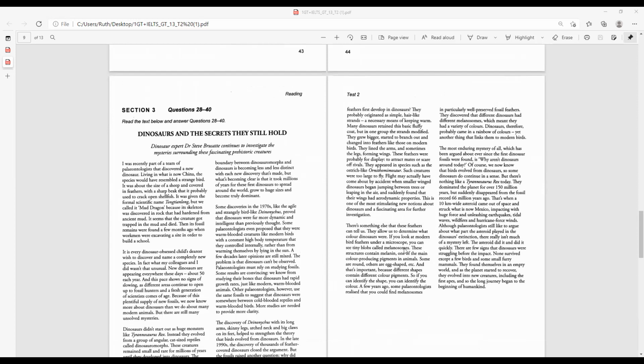So we located where melanosomes are, and we skim through this. While skimming, we pay attention to the first two lines and the last two lines.